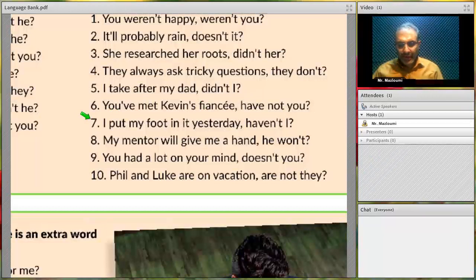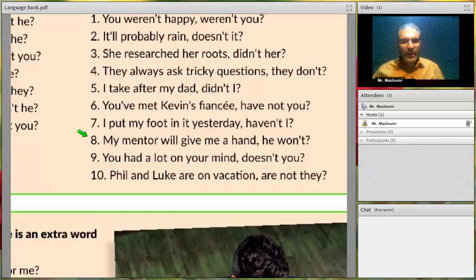Number 7, I put my foot in it yesterday. I put my foot, everyone, means I put my foot in my mouth, which means I did something embarrassing. So I put, simple past, didn't I?